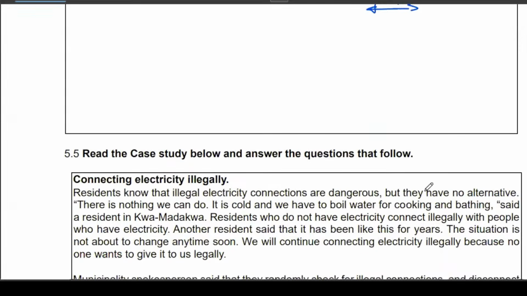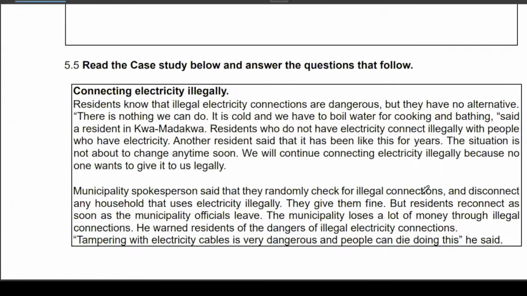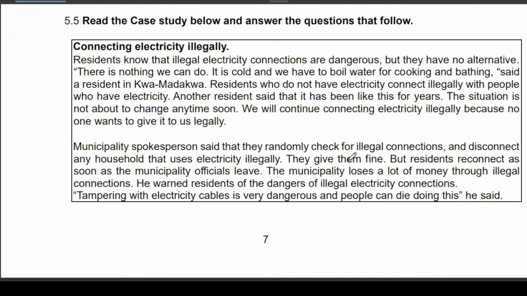Okay, then 5.5, read the case study below and answer the questions that follow. Connecting electricity illegally. Residents know that illegal electricity connections are very dangerous, but they have no alternative. There's nothing we can do. It's cold and we have to boil water for cooking as well as bathing, say the residents in Kwa Madakwa.